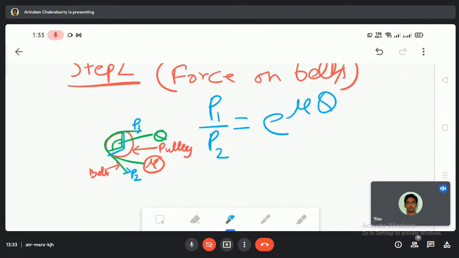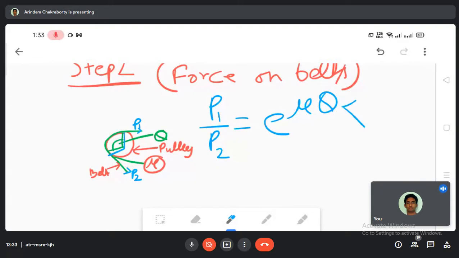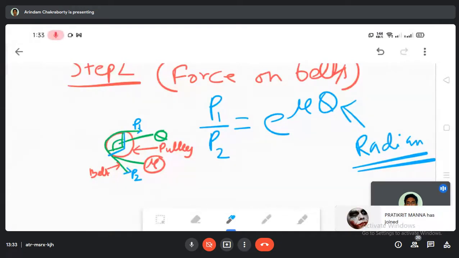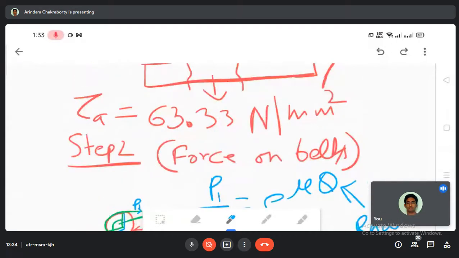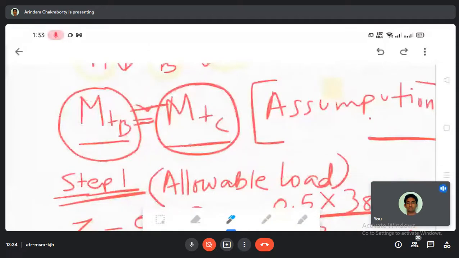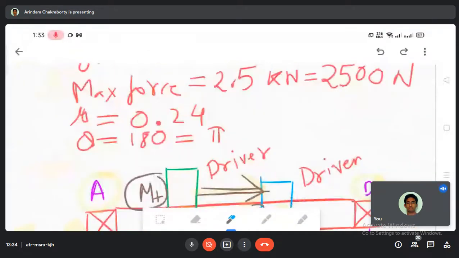Now you should always remember that theta should be in radians while substituting in the formula. Am I clear? Now the value of theta, if I scroll down, scroll up.